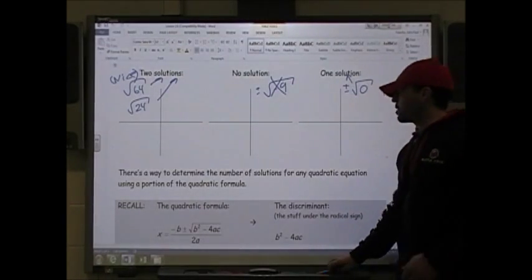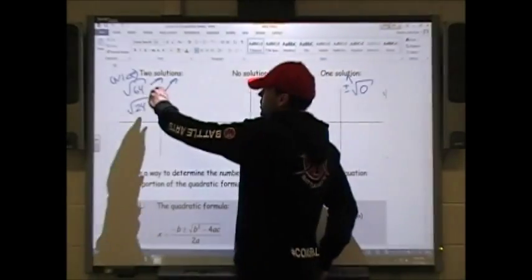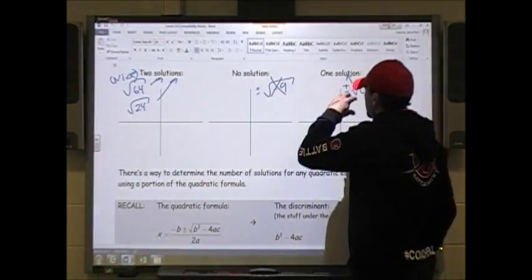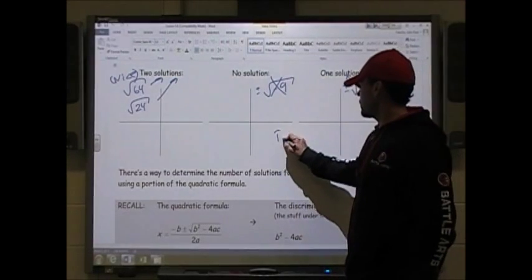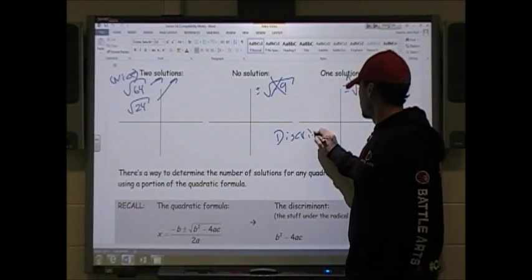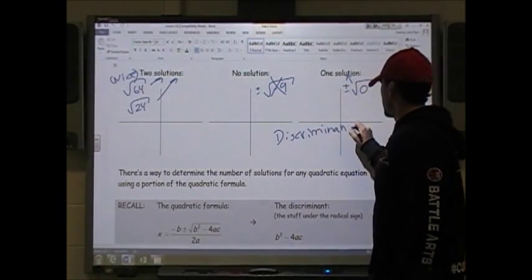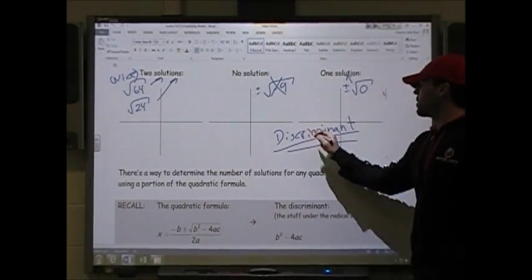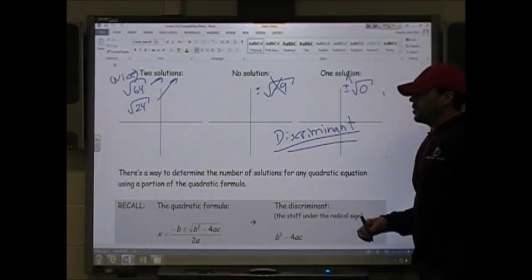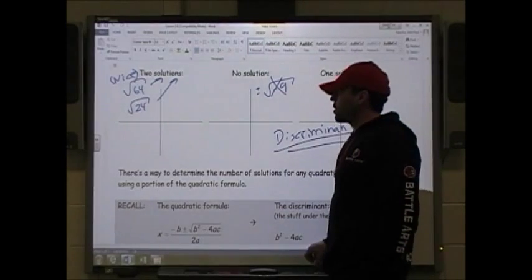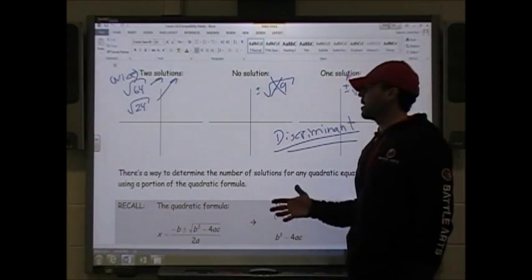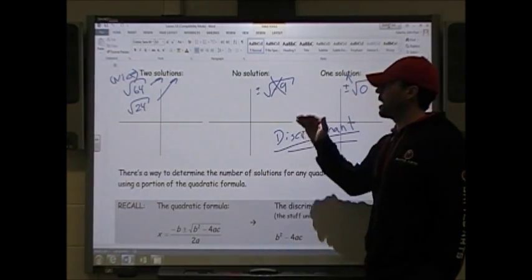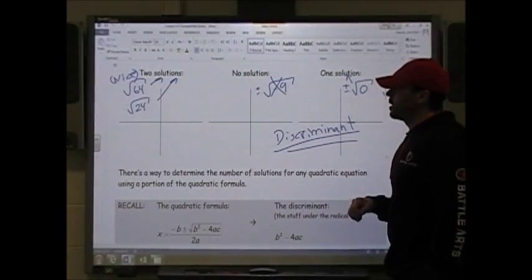Now, it's very important to understand that the numbers underneath the square root signs in the quadratic formula are called discriminants. It is called the discriminant. And you can basically use the discriminant to determine how many solutions a quadratic equation will have, whether it'll have 2, none, or 1.